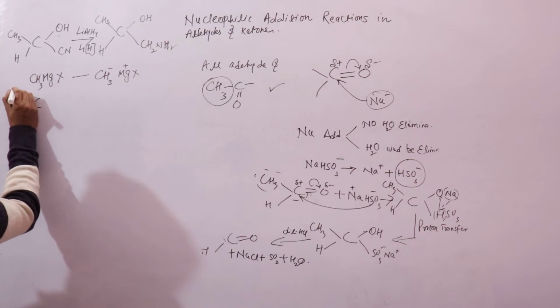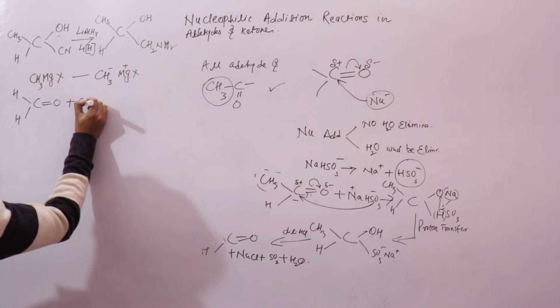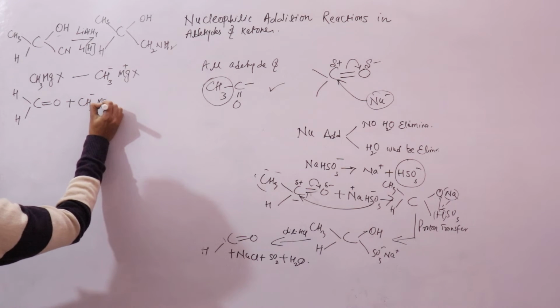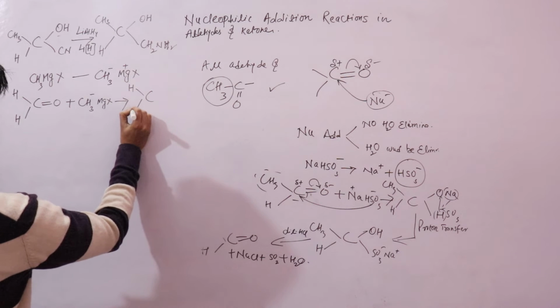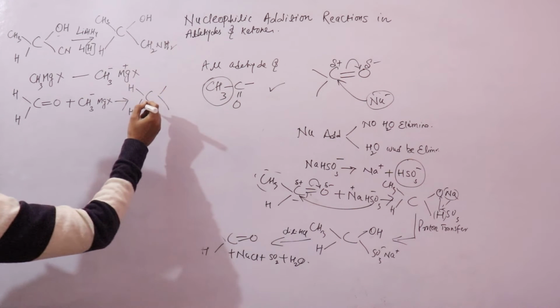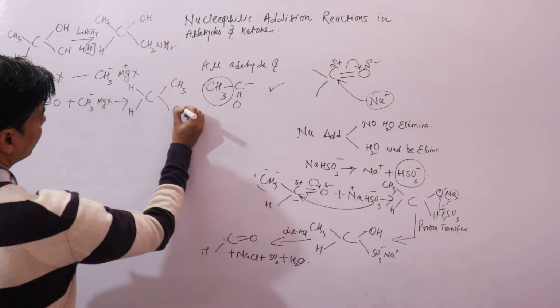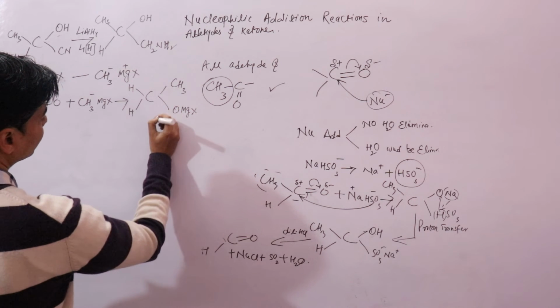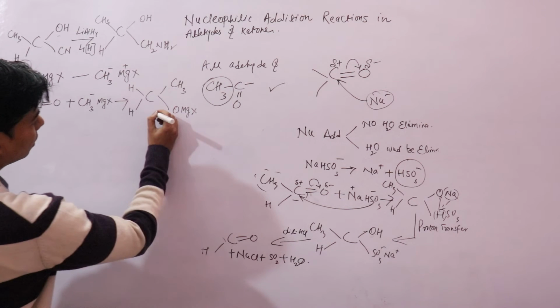So here your formaldehyde will react with Grignard reagent to form an addition product, CH3 CH2 OMgX. Now this is hydrolyzed to give you an alcohol, which is a 1 degree alcohol.